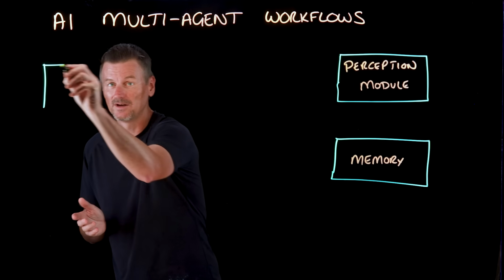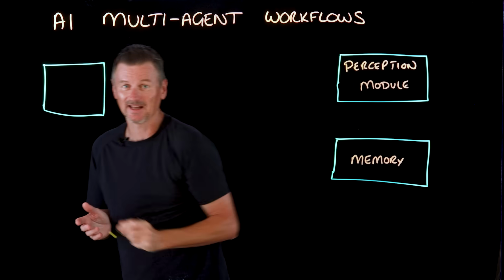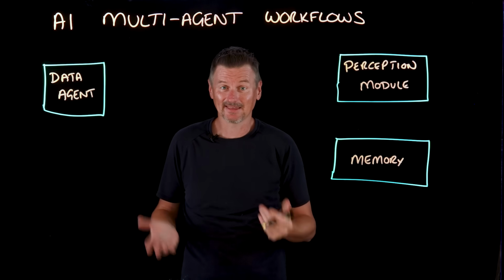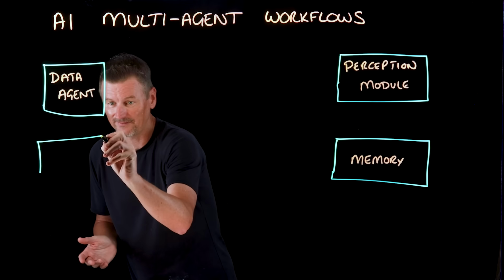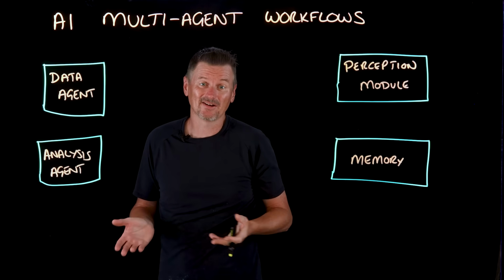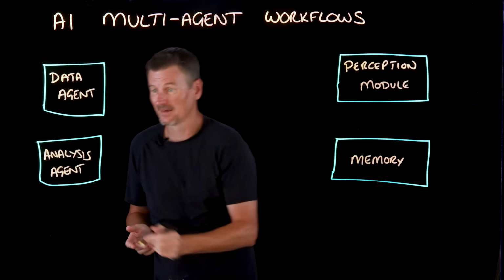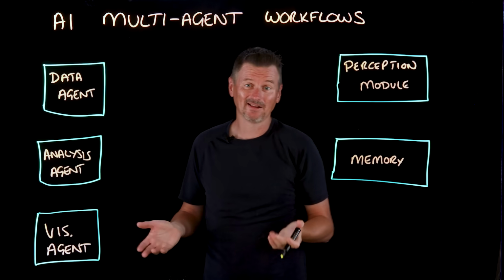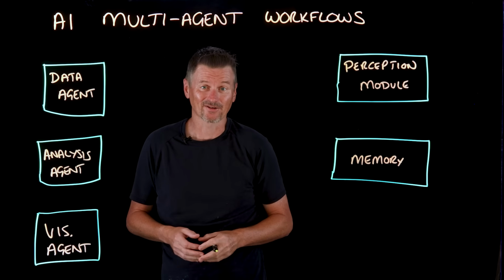So for example, we might have one specialized agent that is a data agent that knows how to query databases and clean data. We might also have a specialized agent called an analysis agent that's trained on business intelligence, and then maybe we also have a visualization agent as well that creates charts and graphs.